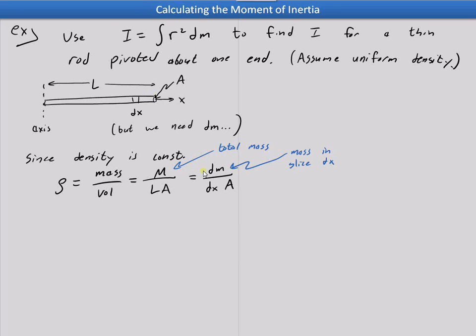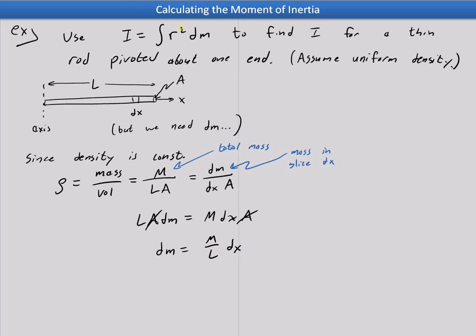And I can make that relationship explicit by cross-multiplying. On the left-hand side, I'd have LA dm, and on the right-hand side, I'd have m times dx times A. A shows up in both sides. It cancels out. Hooray! It had to, because it's something we just made up for our problem. And that leaves us with the relationship that dm is equal to m divided by L dx. So we can replace the dm up here instead with m on L times dx.